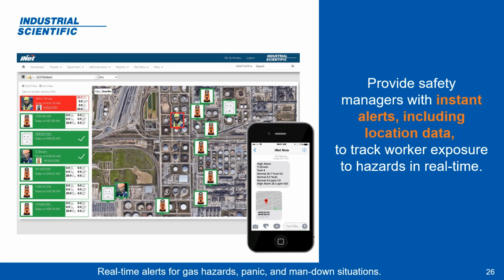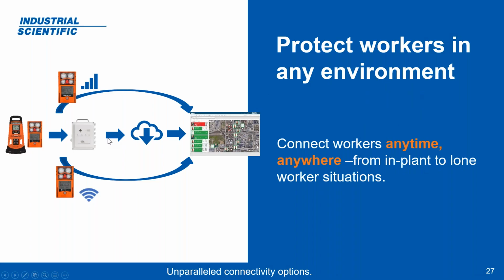It allows you to get alerts when an instrument alarms, when there's a panic situation, when there's a man down, and shows you what the condition is and exactly where that worker is located. All of that in real time through iNet Now, the live monitoring arm.